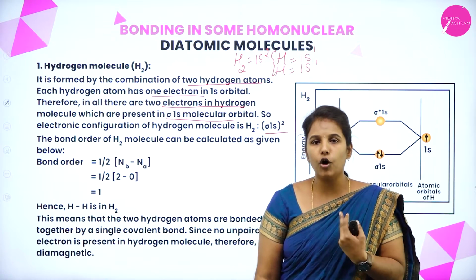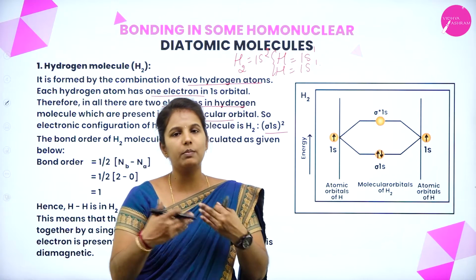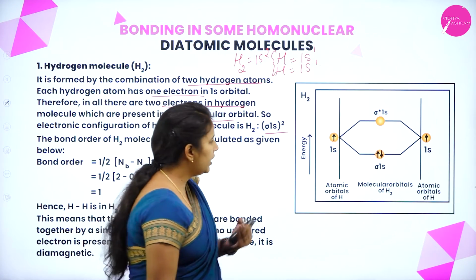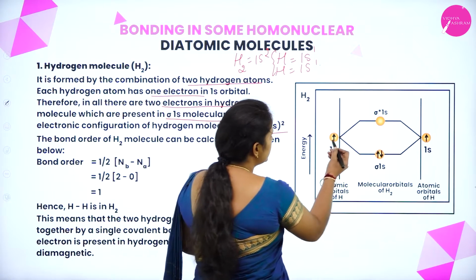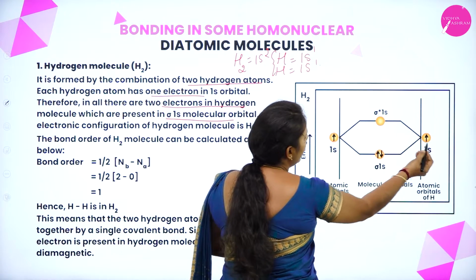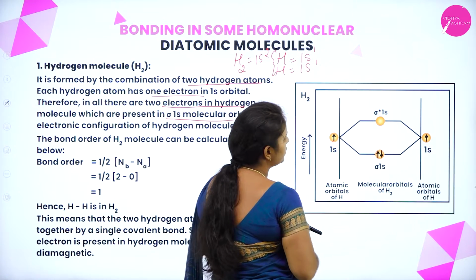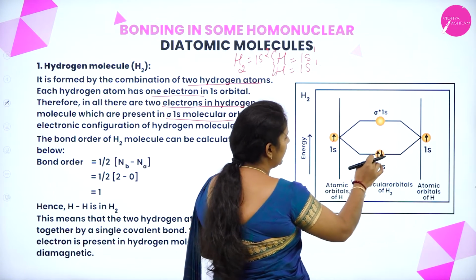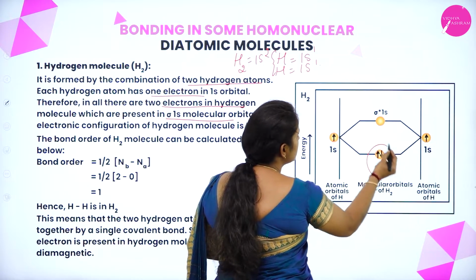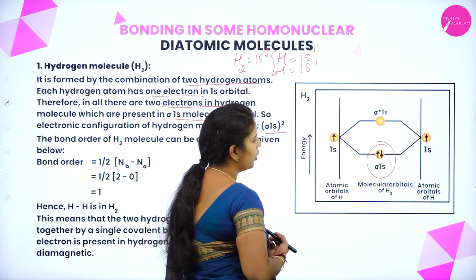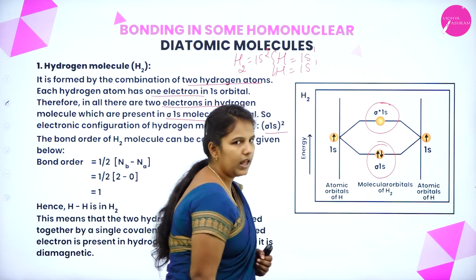Then, how to calculate the bond order? Bond order is calculated based upon the distribution of electrons in the bonding and antibonding orbitals. Here you can see the energy level diagram. These two are the hydrogen atomic orbitals. When each shares one electron, it becomes the hydrogen molecule, and there will be no electron in the antibonding molecular orbital.